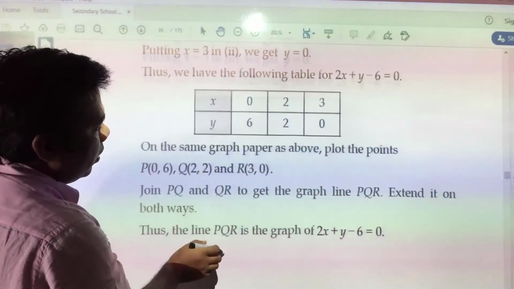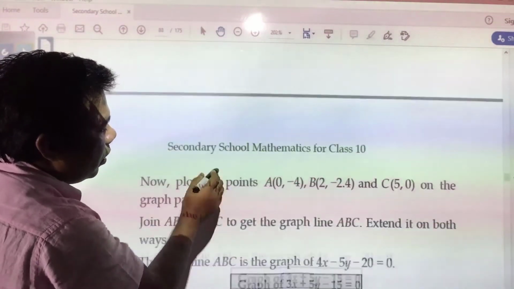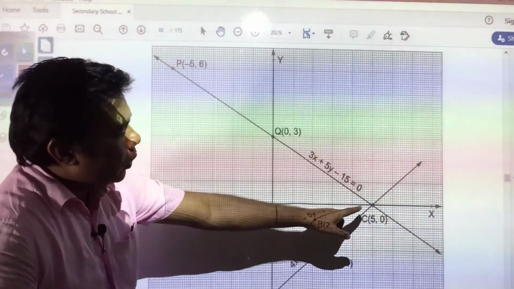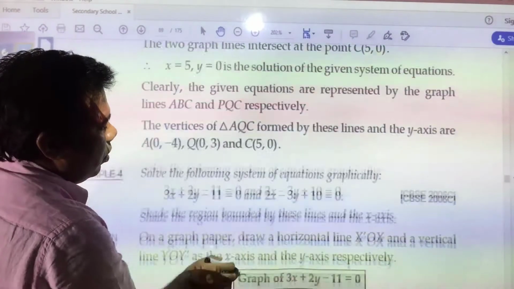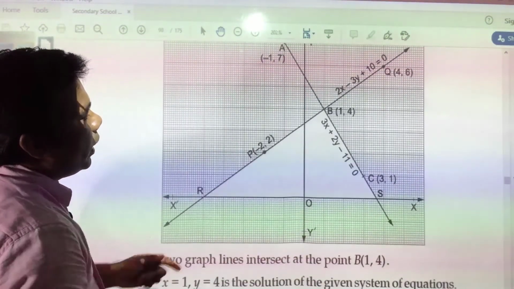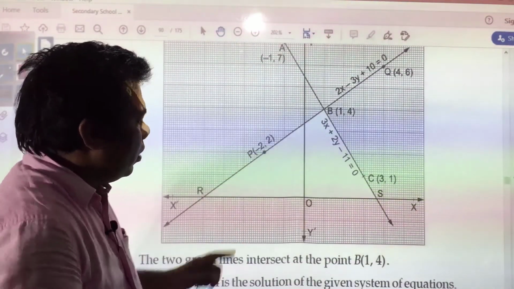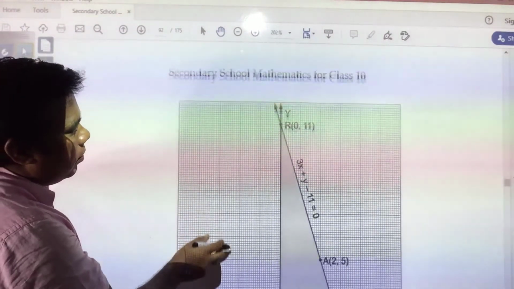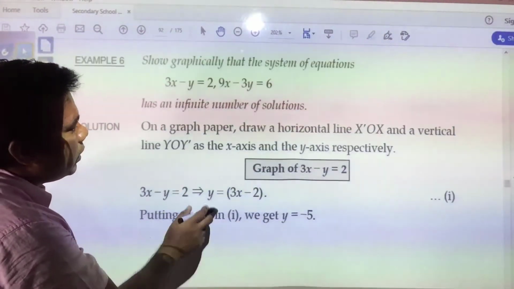Next, this example we have also seen, where again you get a unique solution at (5, 0). Then we saw this question with a shaded area. This type of question is very important, and you need to practice.